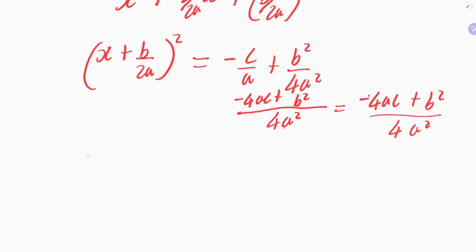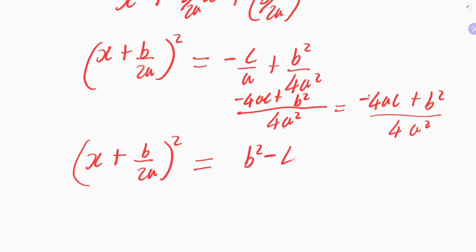This implies now our (x plus b on 2a) all squared is equal to b squared minus 4ac divided by 4a squared.